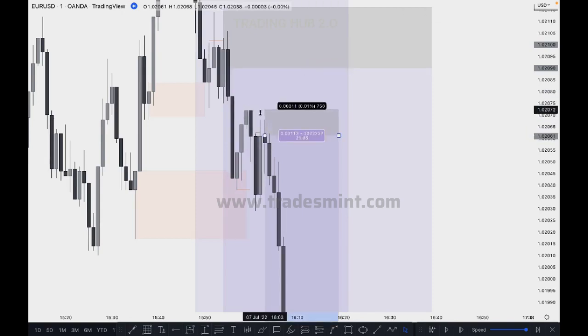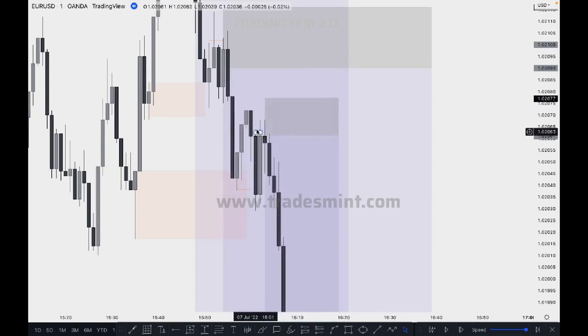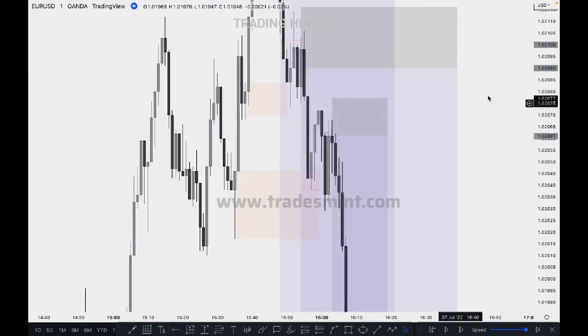Okay, we can also put the stop loss just above it, which is less than 1 pip, but this does not make sense. Okay, so I put the stop loss just above it, which is here, correct? And in this case you can see market completely respected our entry strategy. Okay, so this is our next entry, where we can enter here.